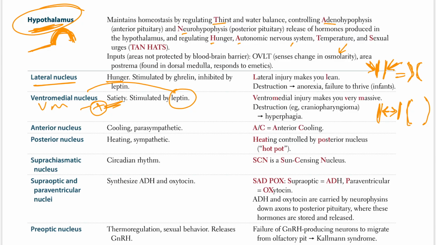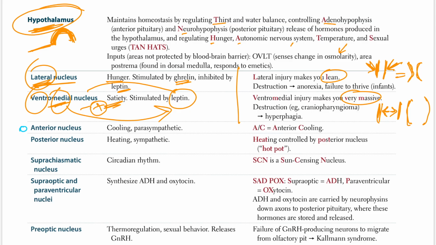But anyway, remember it any way you like. What you've got to know is the lateral nucleus is stimulated by ghrelin and inhibited by leptin, while the ventromedial nucleus is stimulated by leptin. With injury, the lateral nucleus will make you lean, the ventromedial nucleus will make you very massive. And that's all about these two.